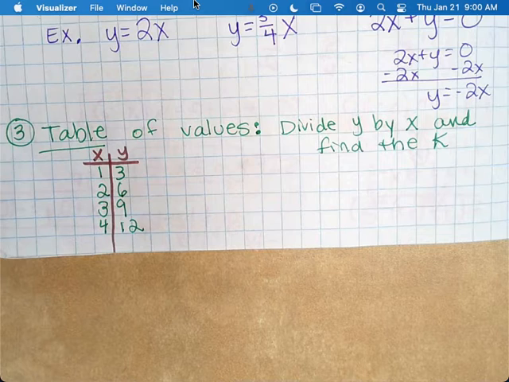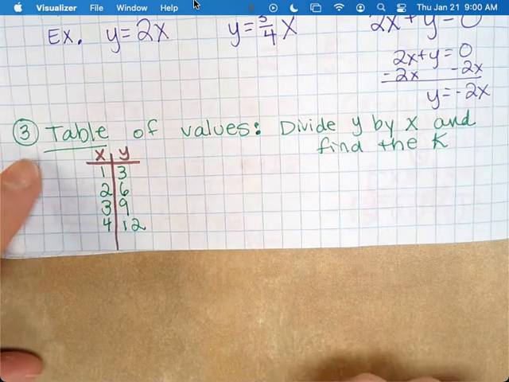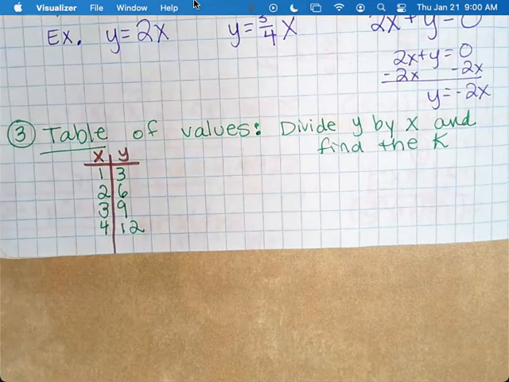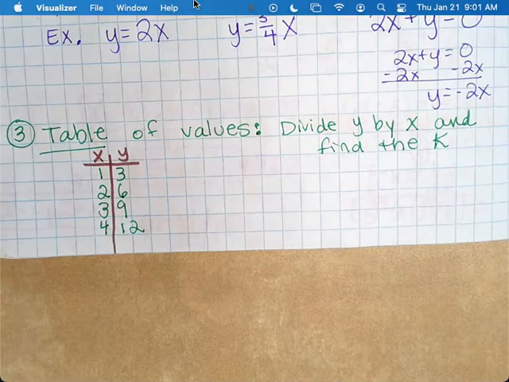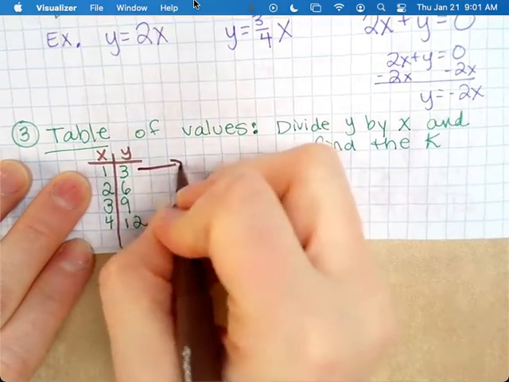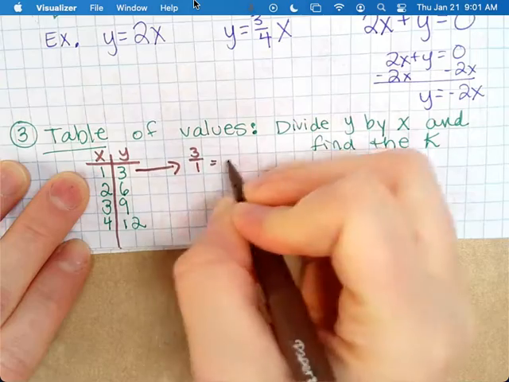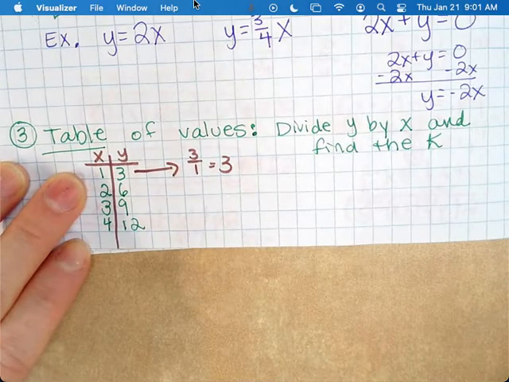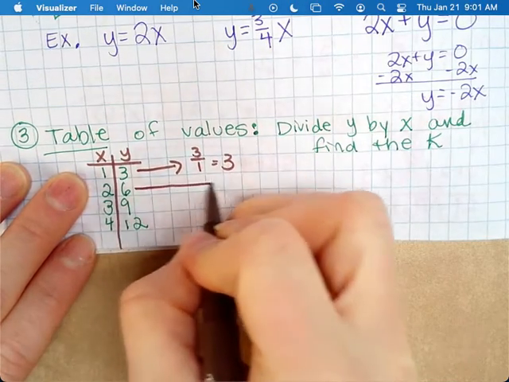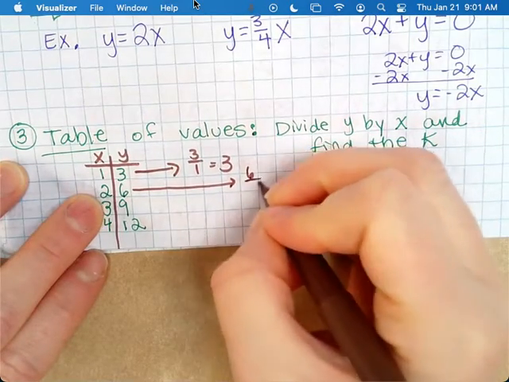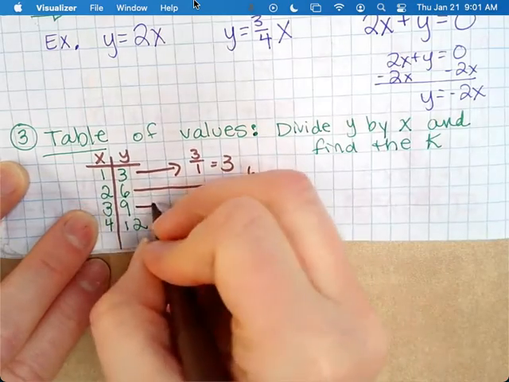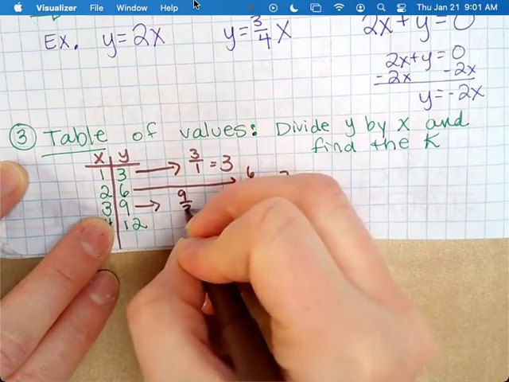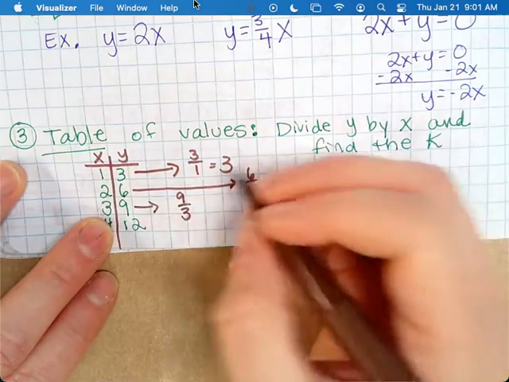So every y divided by x should equal the same number. So I could do this one and be 3 over 1, which equals 3. I could do this one, which is 6 over 2, which equals 3. I could do this one, 9 over 3, because we're doing y divided by x, equals 3.